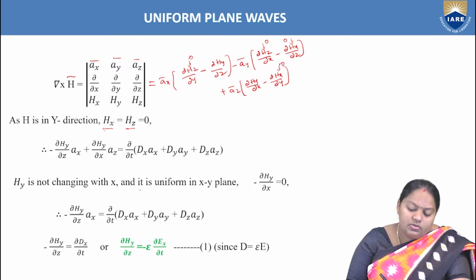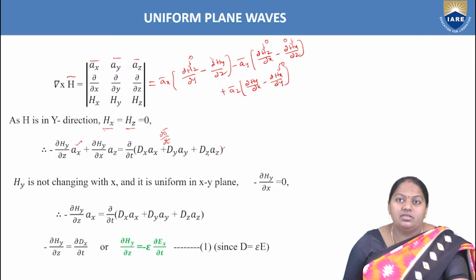The two terms left are minus ax into dou Hy by dou z, and plus az into dou Hy by dou x, which equals dou D bar by dou t on the RHS. D bar can be expressed in Cartesian coordinates as Dx ax plus Dy ay plus Dz az.